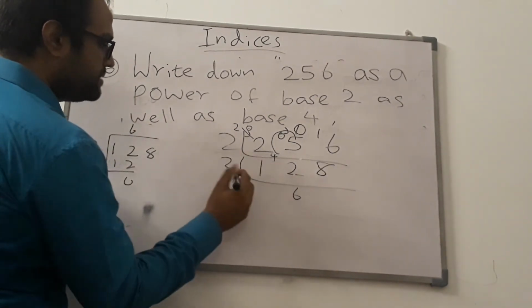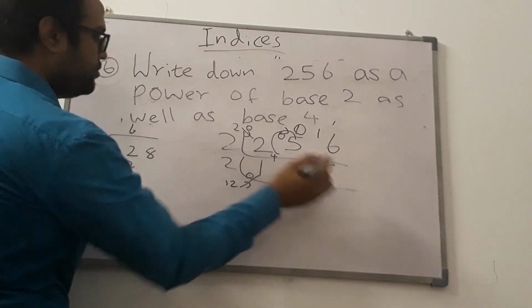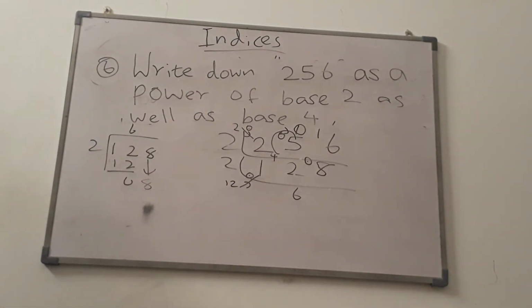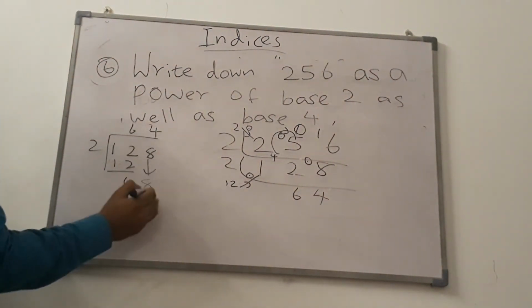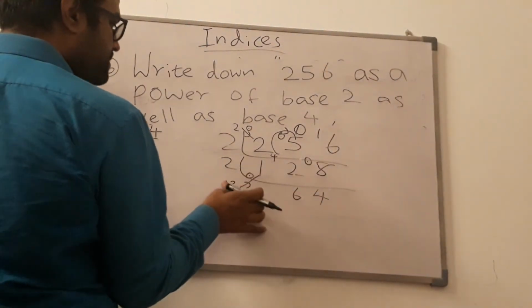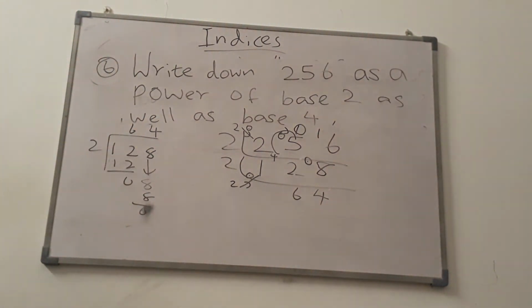So 0 and 8 together 8. How many 2's are there in 8? That is 4. So there are 64 2's in 128.